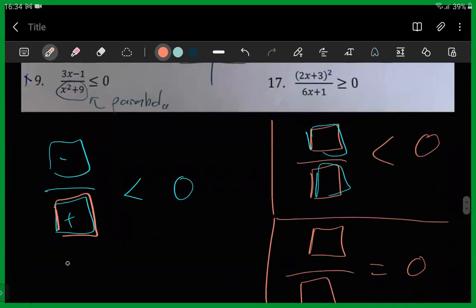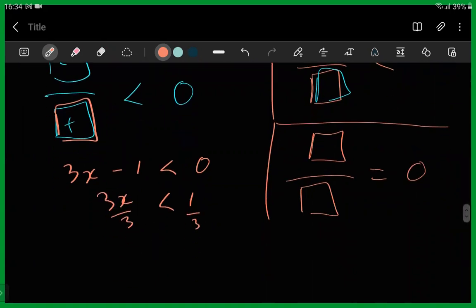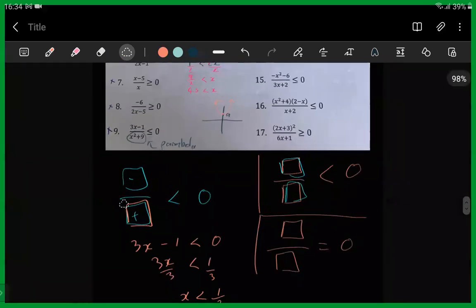So 3x minus 1, where is it smaller than 0? The 1 goes over to the other side, divide both sides by 3, you have x is smaller than 1 over 3. So as long as x is smaller than 1 over 3, our expression will be smaller than 0. You get it?